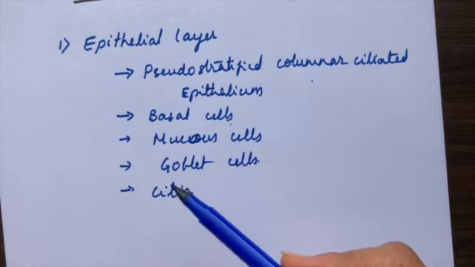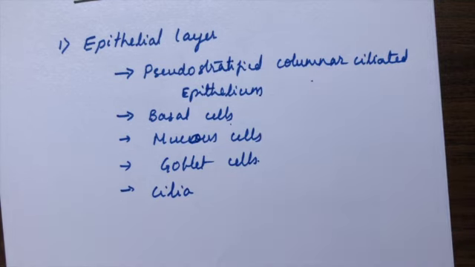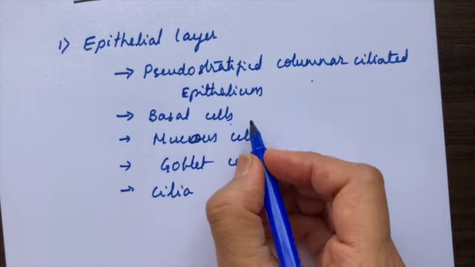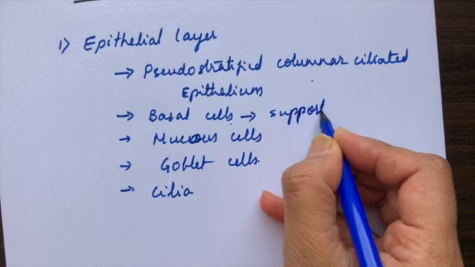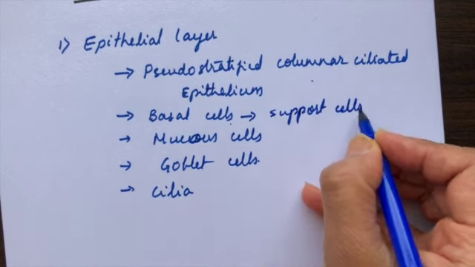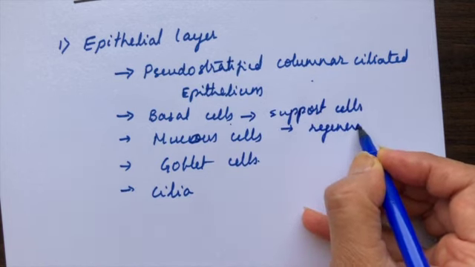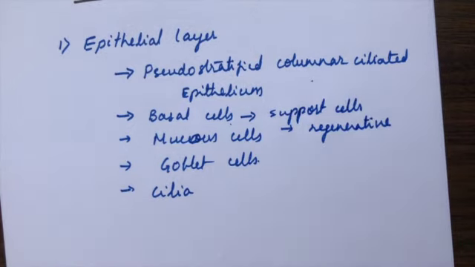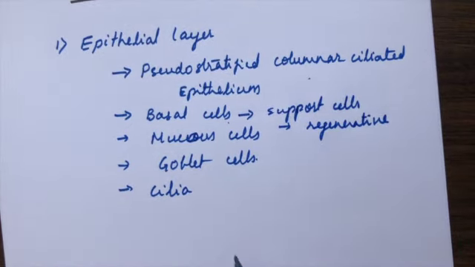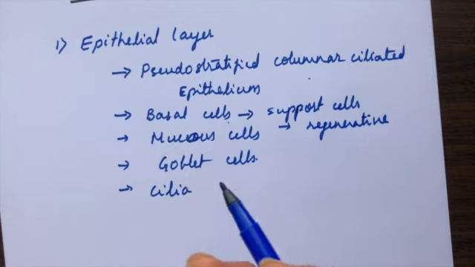They all repair and replace the damaged cells, and these basal cells also support the goblet cells and the columnar cells. So these are the support cells and they have the regenerative capacity, because this group of ciliated epithelial cells do not have regenerative capacity.